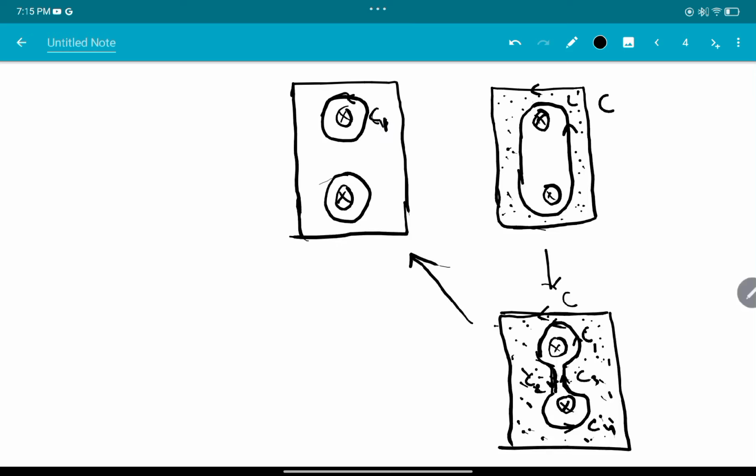Similarly, we can apply Cauchy's integral formula for C4. So our procedure is something like this. We start with the total integral.